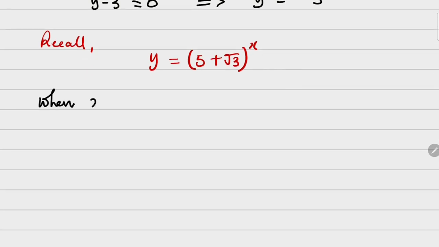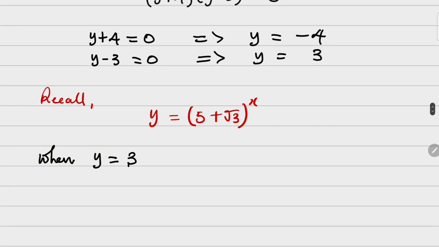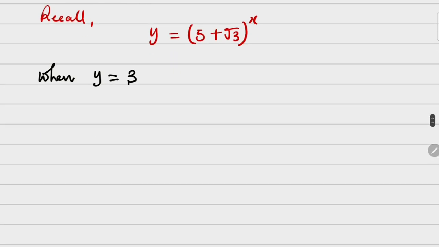When y is equal to 3, because we have two values, 3 and minus 4, what is going to be our expression? It therefore means that 3 is equal to 5 plus root of 3 all raised to power x.